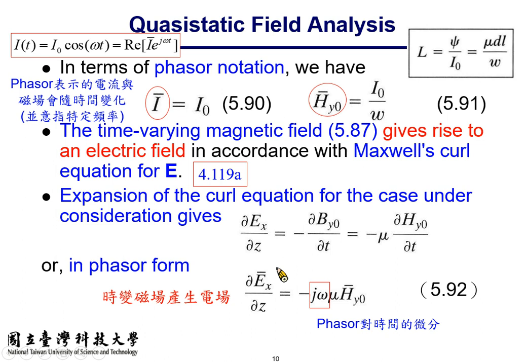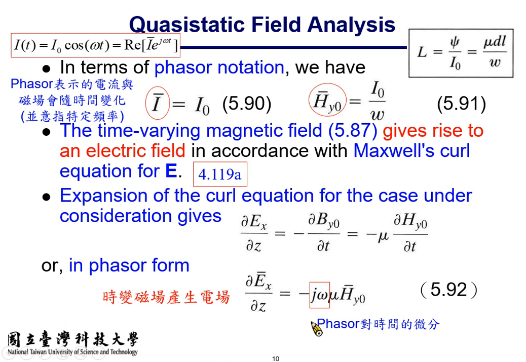All right, so is this the final result we want? No, we want a split expression for EX. So what we need to do is taking spatial integration about Z on both sides. If we take the spatial integration with respect to Z direction on the left-hand side, you end up with EX.